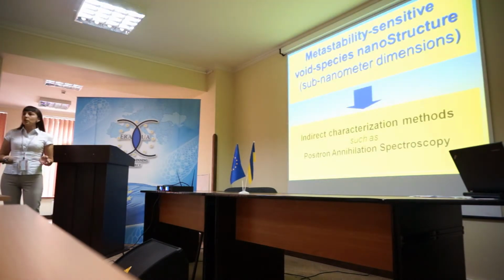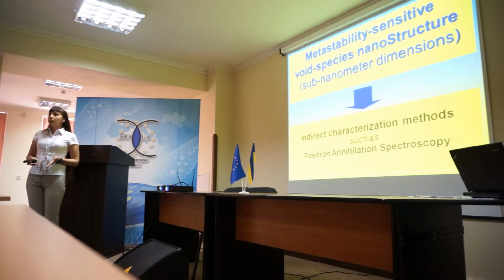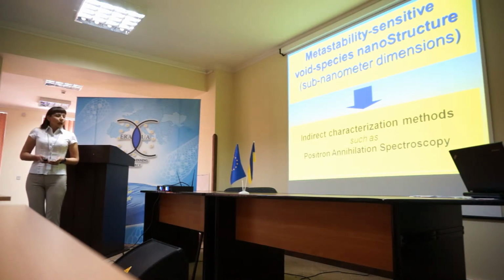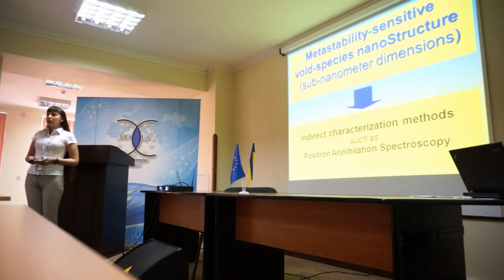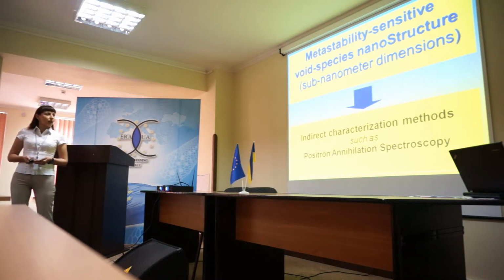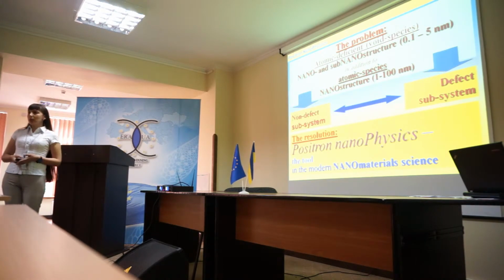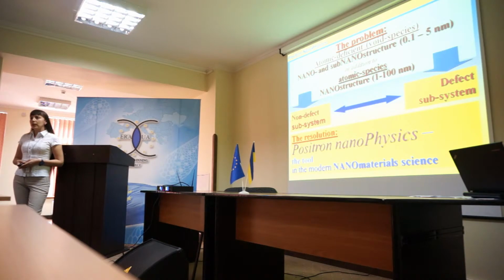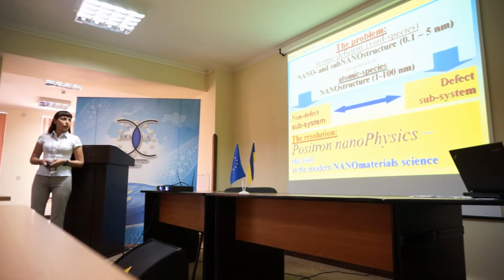And there is a second question. What will be in these materials in their nanovoid structure? In this case, we can use an additional method for this characterization: positron annihilation lifetime spectroscopy and the Doppler broadening annihilation radiation method.